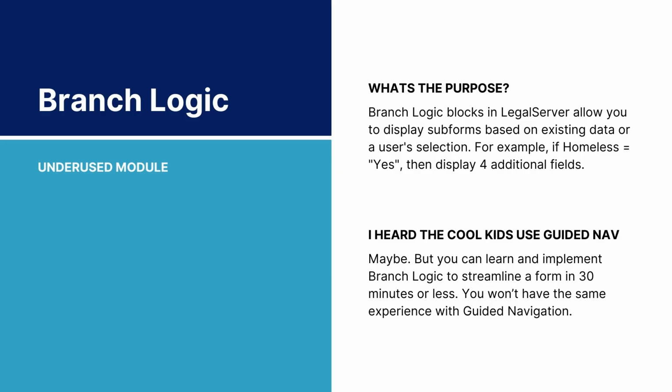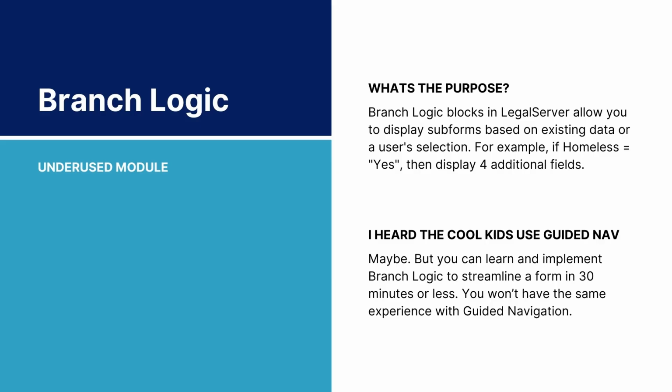But I always like to mention it because newer site administrators may not realize they have branch logic on their site. The purpose of branch logic, at the very basic level, is to let you display subforms based on user selections or on existing data.